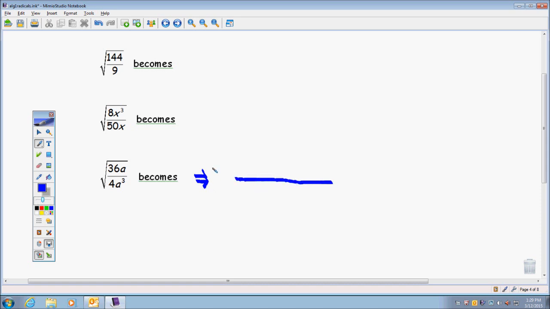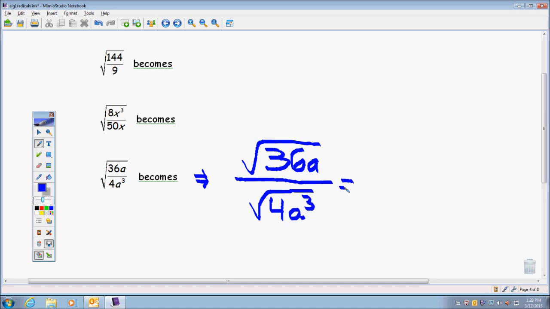Technology is great. So I'm going to break this down as radical 36 over radical a. I'm not going to skip any steps here. See, what I'm doing is I'm taking the big radical and dividing it into two baby radicals. Okay, now what's that going to become?